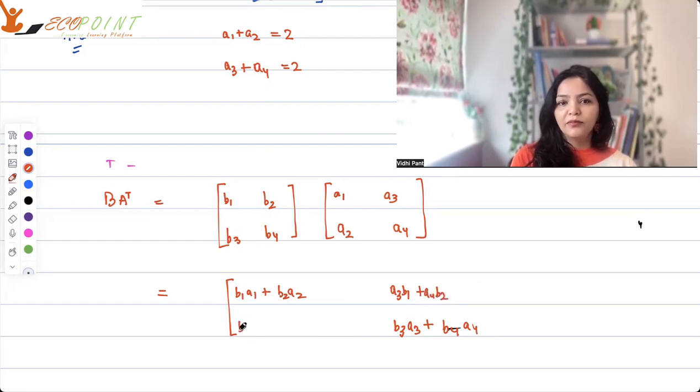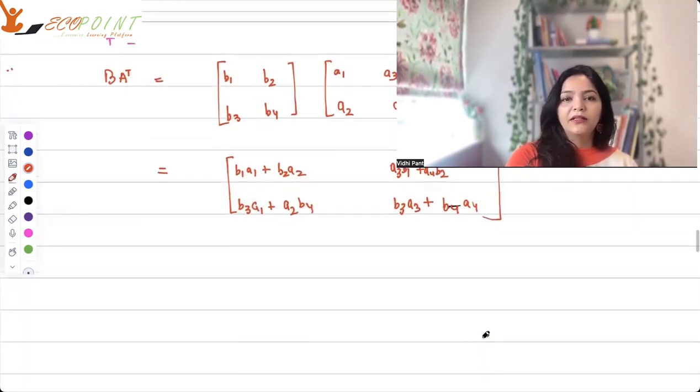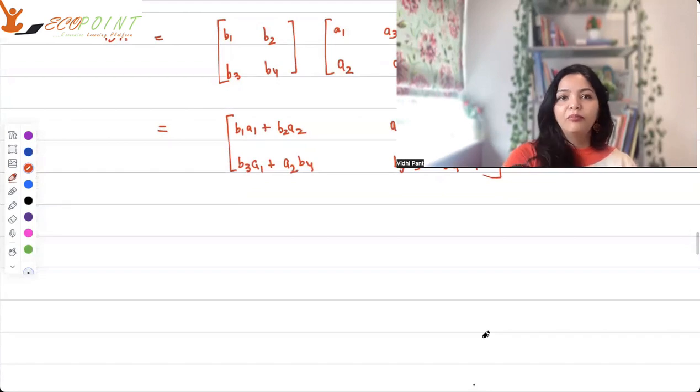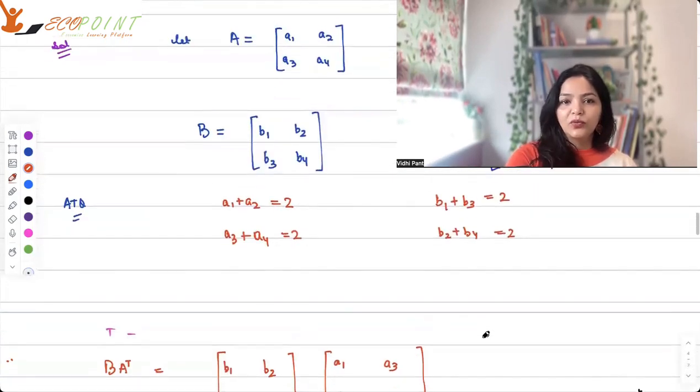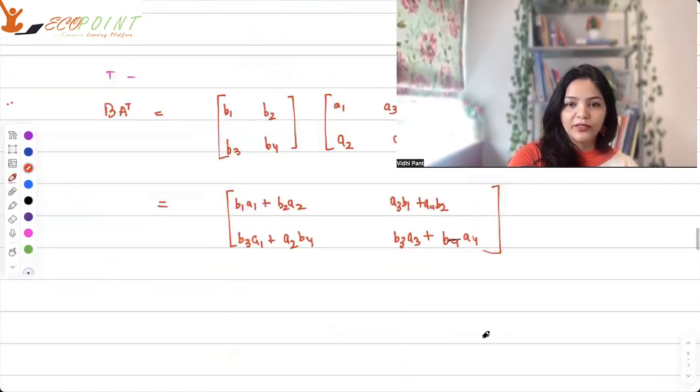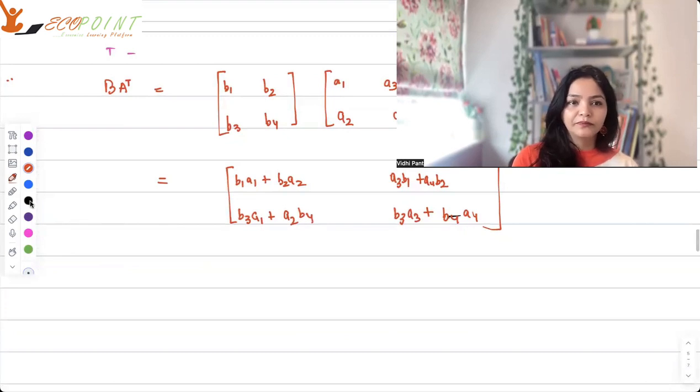And here you will get B3A1 plus A2B4, right? अब हमें क्या दिया हुआ है? हमें A1 plus A2 है हमारे पास, A3 plus A4 है. So what I'm going to use here is a fact that I will tell you.